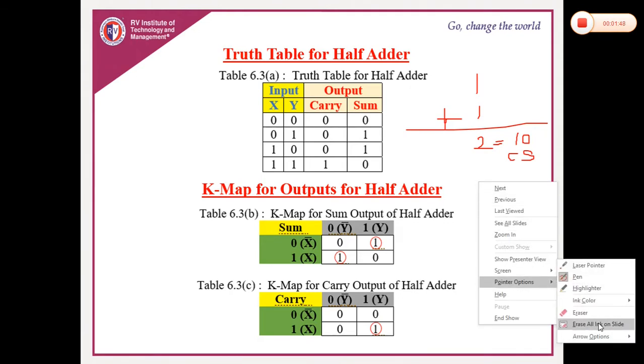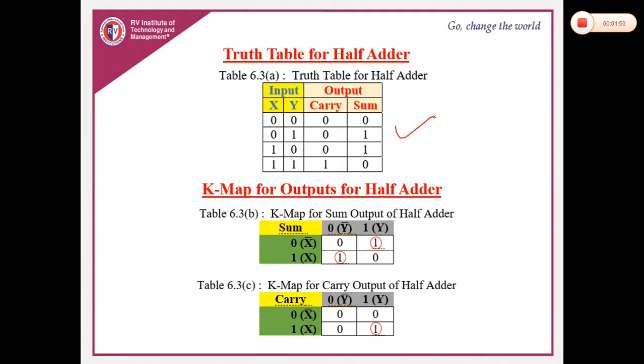Once you are able to write this functionality table or truth table, the next duty is to get the expression for the sum as well as the carry output. In order to get the expression for the sum output, we use this K-map. You can see 0 1 1 0 is the output, so we put it here.